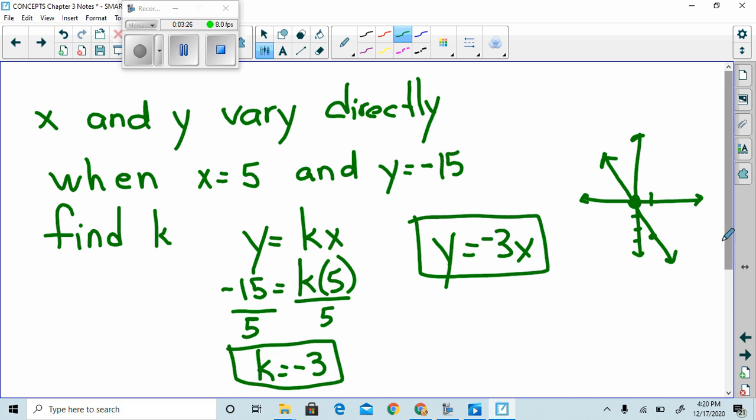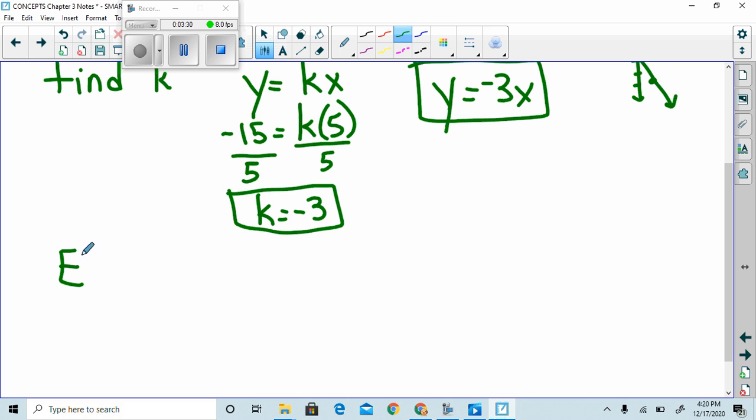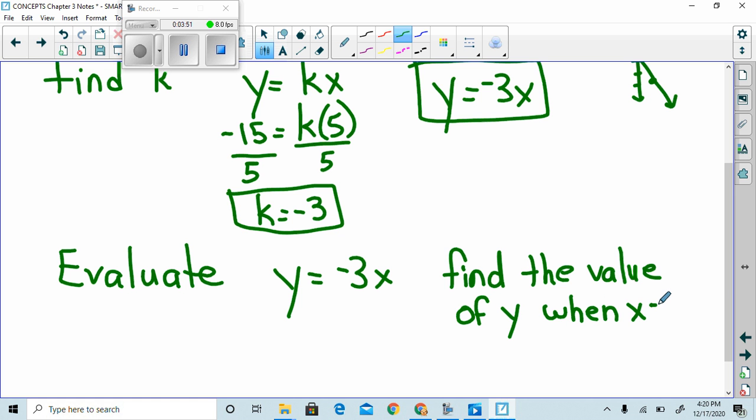The last thing they asked us to do was to evaluate. Using this model, y is equal to -3x, they might say, find the value of y when x is equal to 7.